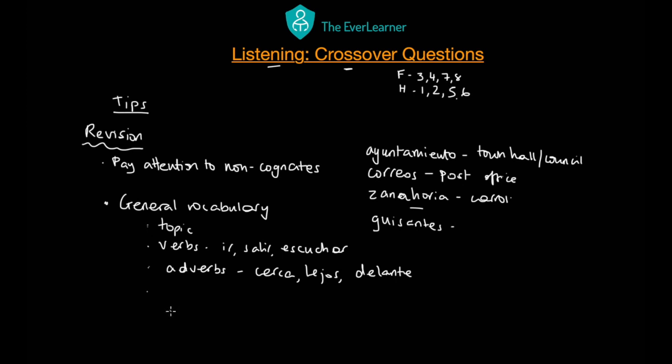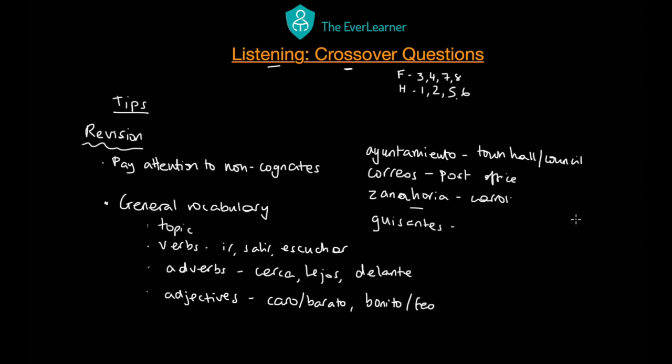Other things could be, of course, adjectives. When you're revising adjectives, I would really encourage you to go through them as pairs of opposites. For example, you might want to revise caro, expensive, and barato, cheap. You may want to revise bonito, beautiful, and feo, ugly.